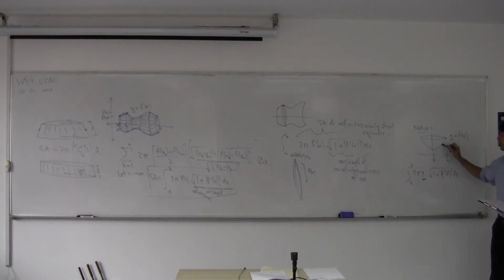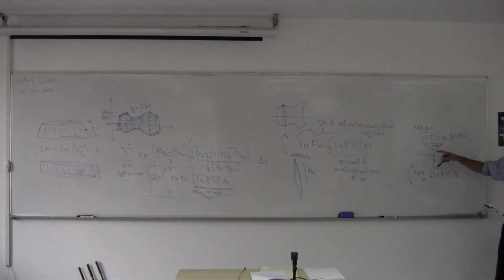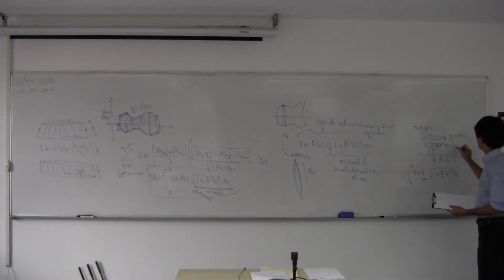You have this little piece at x, and you rotate it around. The radius is x, and the infinitesimal height is still the square root of 1 plus f prime x quantity squared dx.